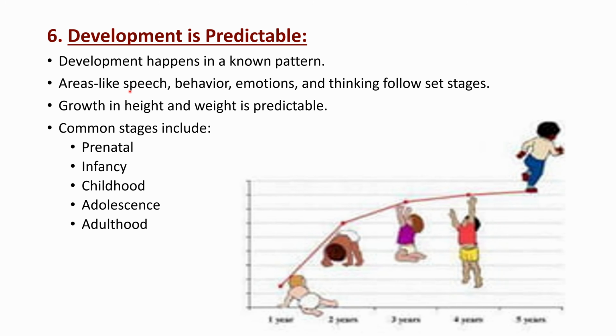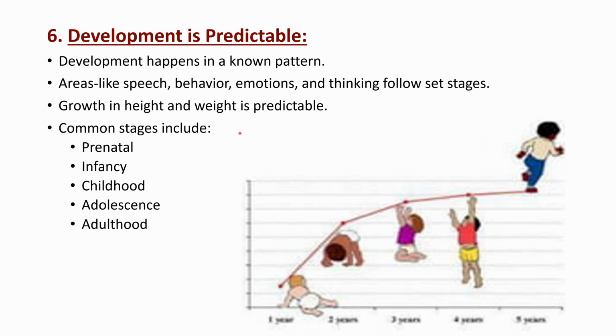For example, in speech development, a baby first makes sounds or babbles, then starts saying single words, and later begins to speak short sentences. In the same way, height and weight also increase in a predictable pattern as the child grows.